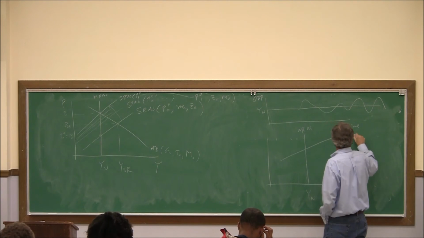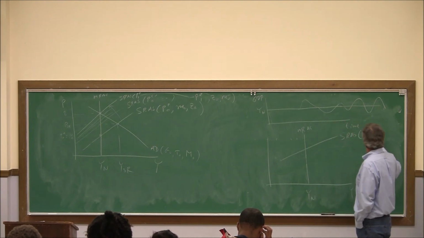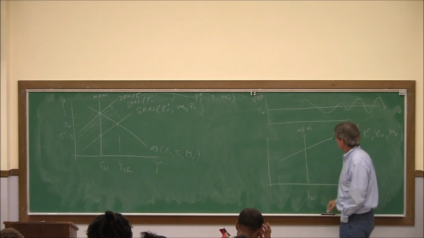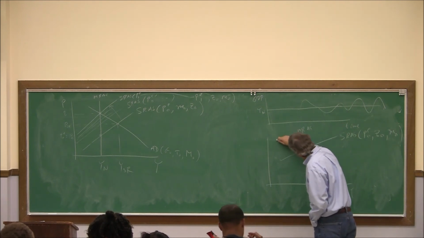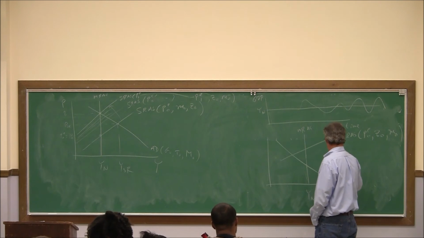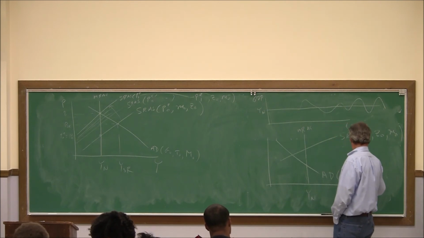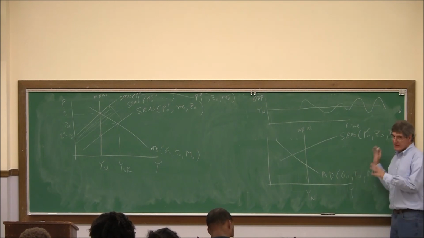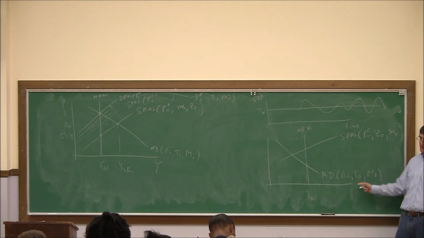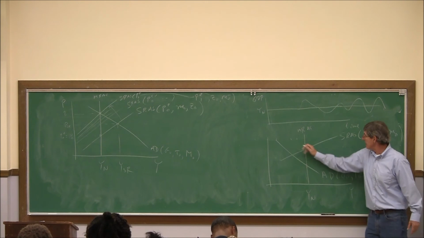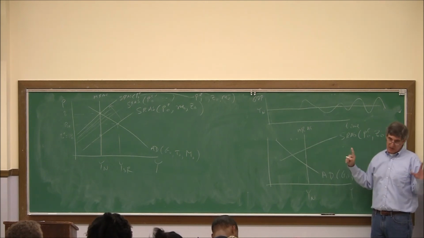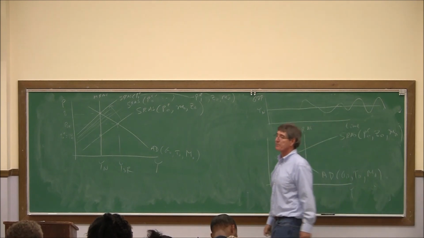Short run AS, PE0, Z0, little m0, some demand curve A, B, G0, T0, M0. Now, if we didn't want to wait for this to happen automatically, we could change policy. Try to move the demand, we could move the demand curve to that point, we'd be all done. But we'll come to those things later.